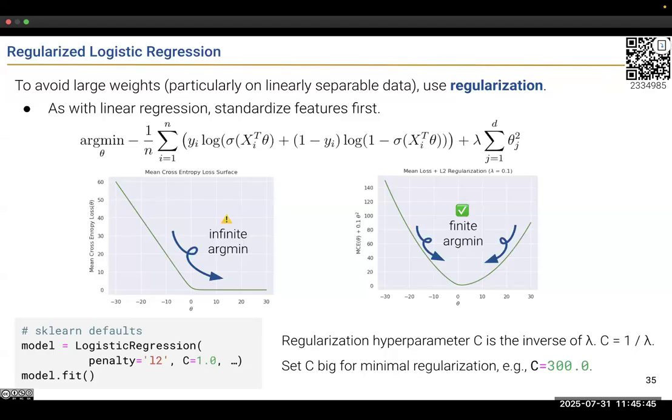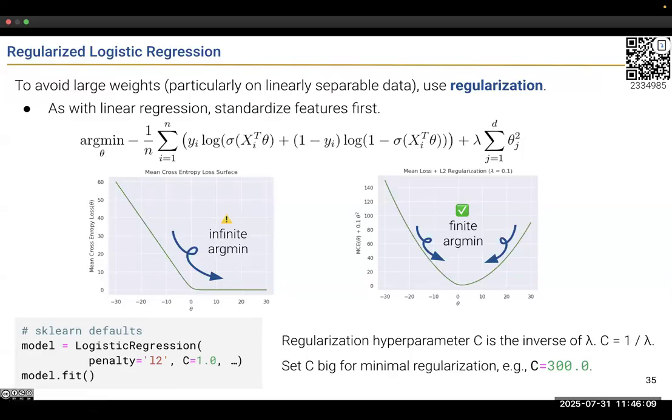This is easily implementable. You can easily implement it in sklearn. For the logistic regression class, there is an argument called penalty. If you put in L2, that gives you ridge, and you pass in this lambda. But instead of lambda, what you actually pass into sklearn is the inverse of lambda.